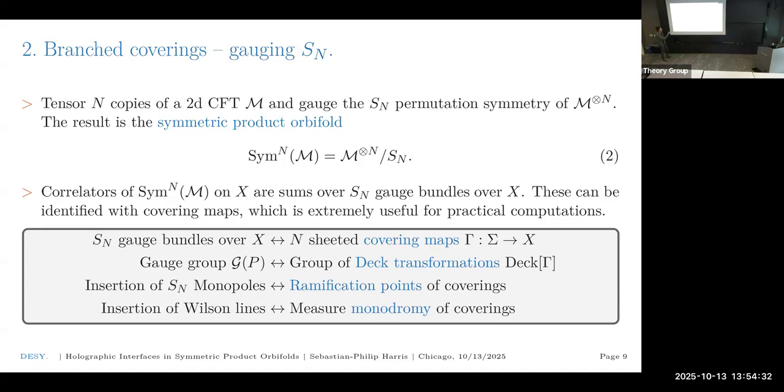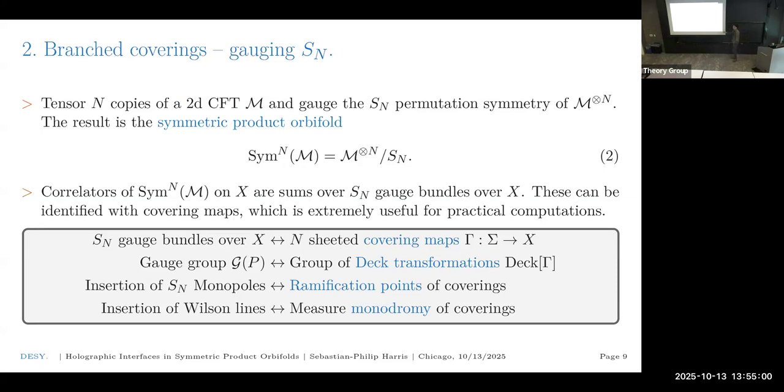So that's simple. A symmetric product orbifold is just you take any 2D CFT you like, you take n copies of it, and then this nth tensor power has a natural S_N global symmetry, which just commutes the individual factors. And by gauging this S_N symmetry, you get an S_N gauge theory, which is the symmetric product orbifold.